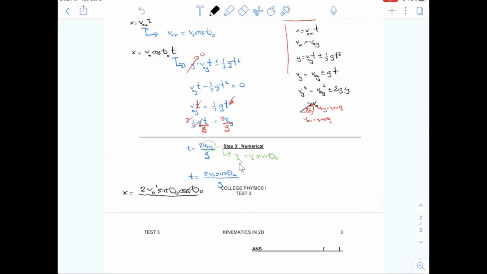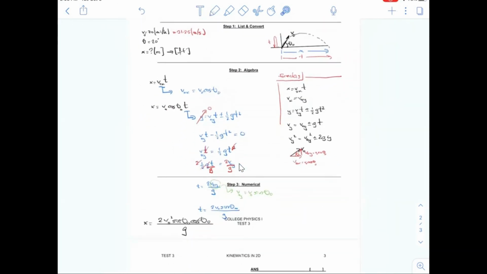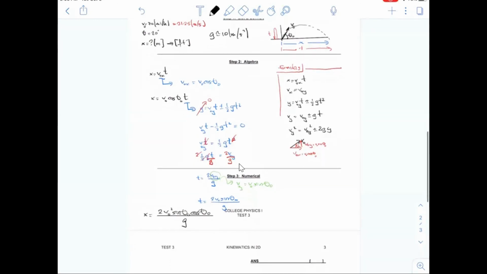Everything is going to be divided by g. Okay, so at this point, I'll check to see if I have everything that I need. I've got the initial speed, boom, boom, boom, it's right there. I've got the angle, it's the same angle. I've got a value for g. All right, so g, once again, is roughly about 10. That's it. I can clean this up if I wanted to.